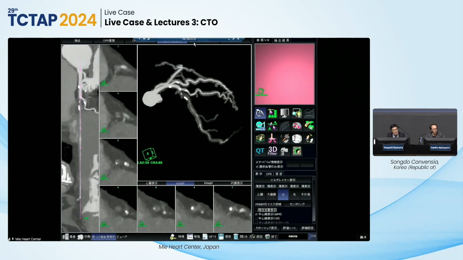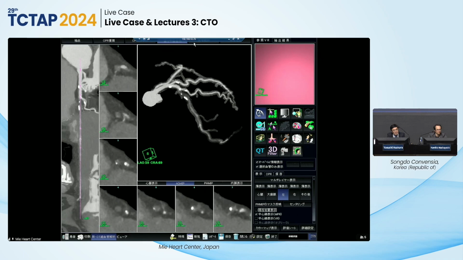I'm not sure. Now we see the CT. Probably you could explain a little bit what you're seeing. Yes. The CTO itself is very short from the CT findings, but the collateral image is not so good. So that is my current situation.